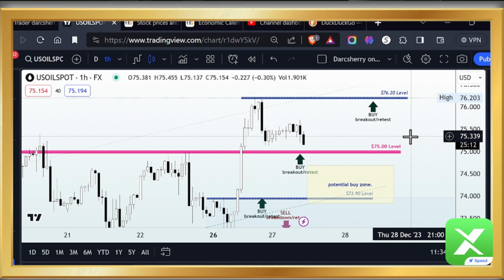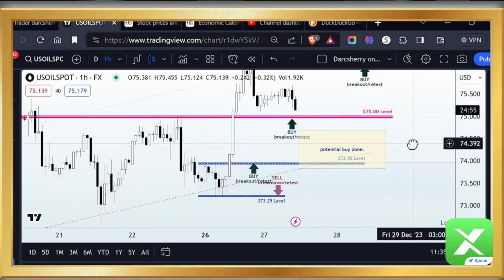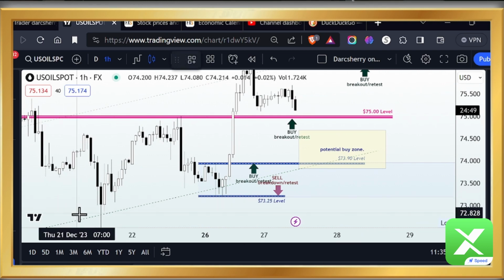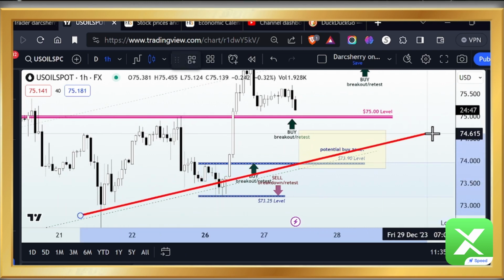As time plays out. Now, in as much as we are looking out for buying opportunities, remember that we do always take into consideration the potentials of sellers too. Now, if we look at the structure, what is it that will make us change our bias from bullish to bearish? Well, most importantly, we need this ascending trend line to be broken to the downside.